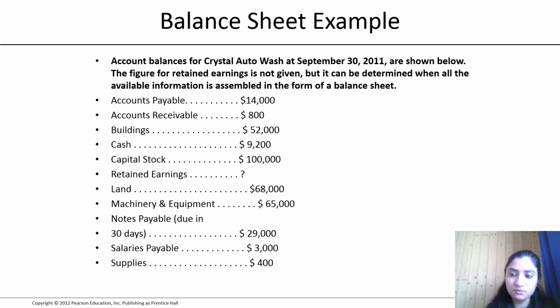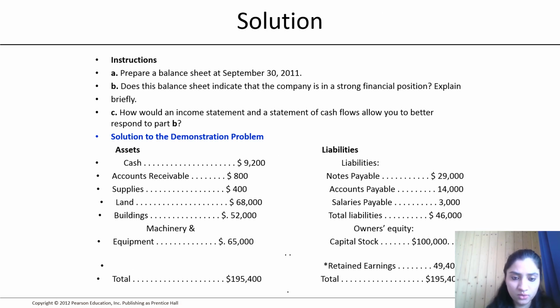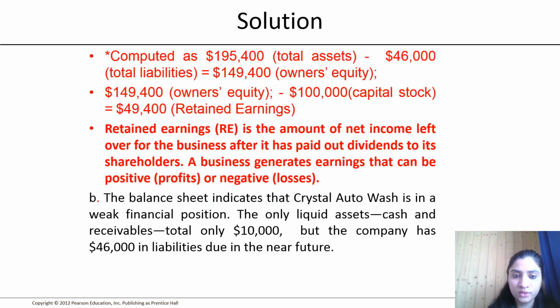Okay. So here you can see all the information about the assets, the liabilities and the owner's equity. And now I will let you know how we calculate the retained earnings. Retained earnings means owner's equity minus capital stock. Capital stock means how much shares he has paid or how much investment he has made. After that, what is left is called retained earnings.